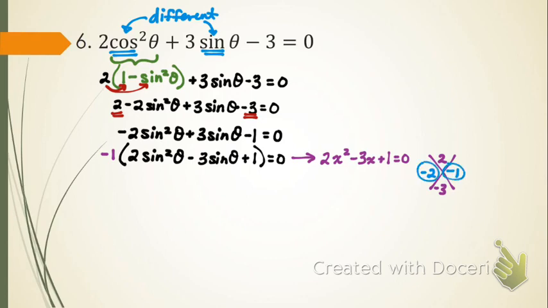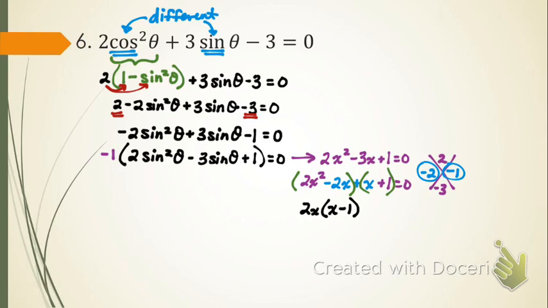All right, so if I used grouping again here, 2x squared minus 2x minus x plus 1 equals 0. I look at my two groups. What can I take out of the first group? 2x. And that would leave me with what? x minus 1.